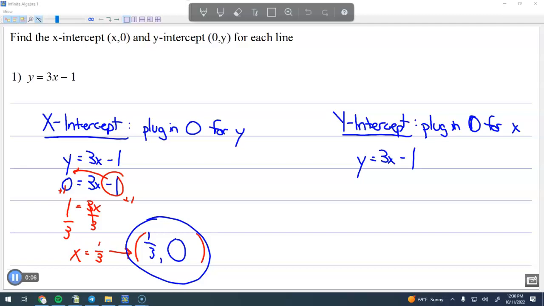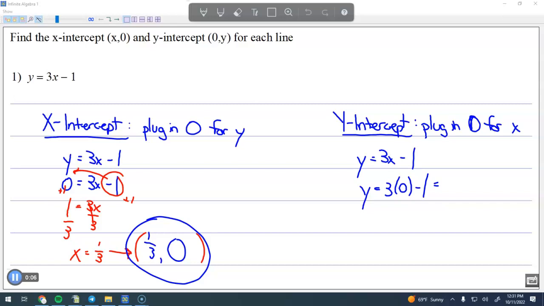That's just rewriting the equation. You're always going to plug in 0 for the opposite variable. When I was looking for the x-intercept, I put a 0 in place of the y. If I'm looking for the y-intercept, I put a 0 in for the x. And then there's nothing to solve there. I just have to work that out.